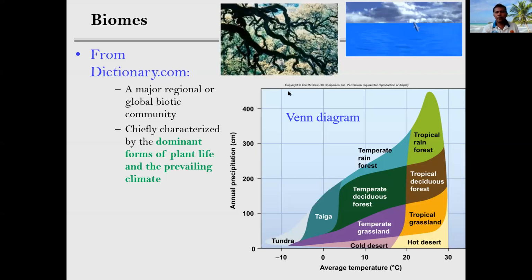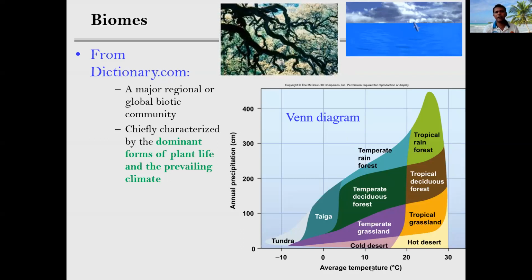How are we actually classifying these biomes? There are two main characters we are considering: the average temperature and the annual precipitation. These are the two main physical properties that we use.